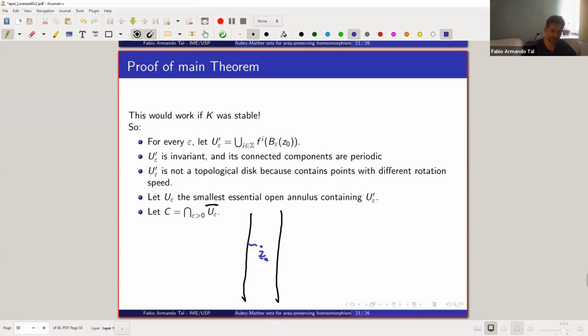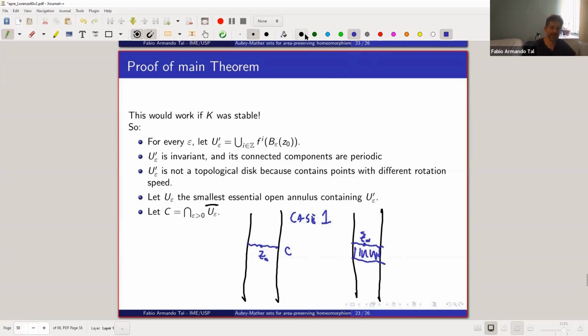And this set is either something like this. This is case 1. Then there is the second possibility, which is that C is like this. This is Z0, and this is a region of instability.